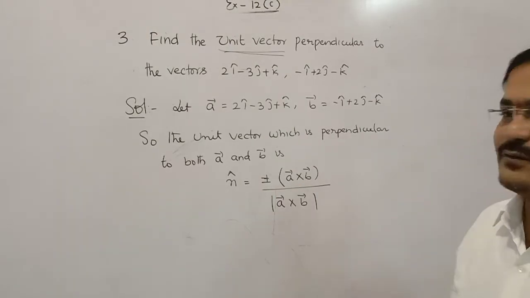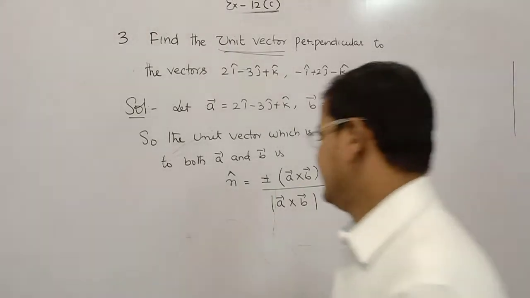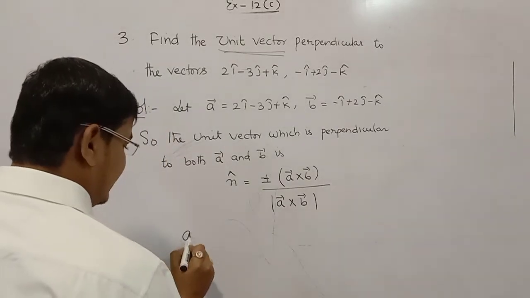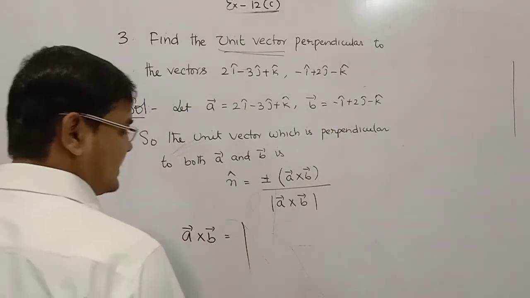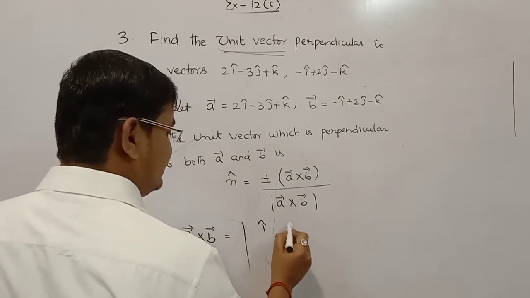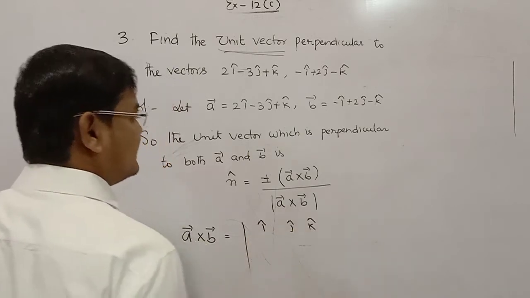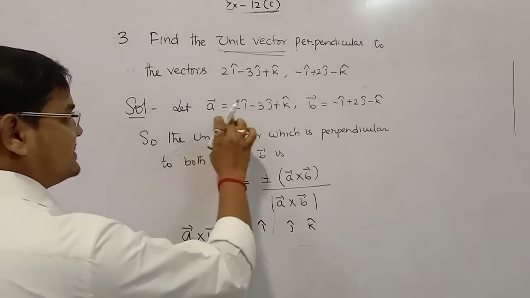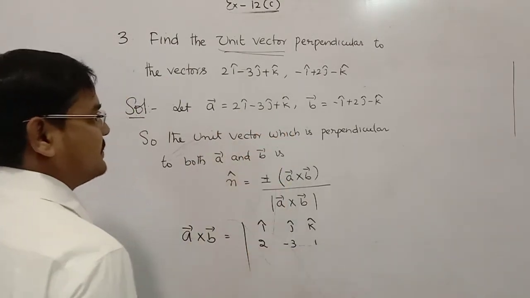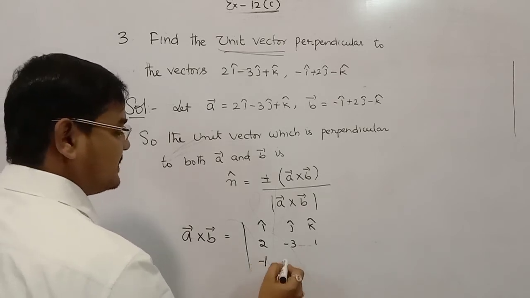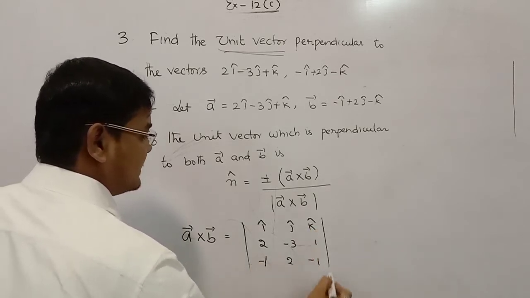First of all, you need to find A bar cross B bar. We solved this in an earlier problem. First write the determinant with symbols i, j, k. First the A bar coefficients 2, minus 3, 1 and the B bar coefficients minus 1, 2, minus 1.